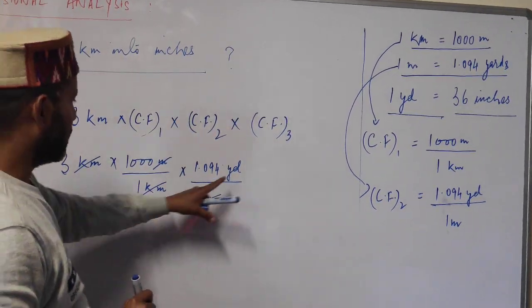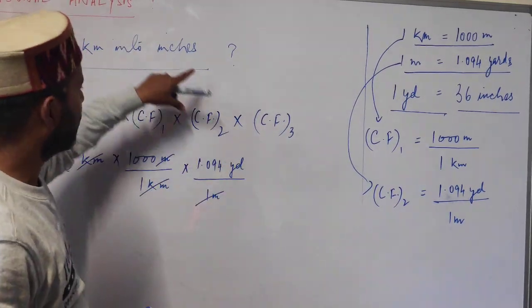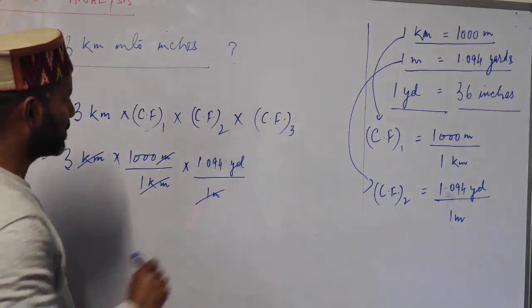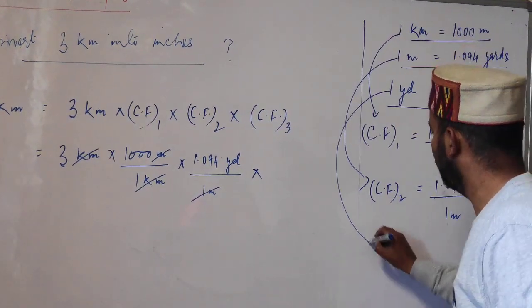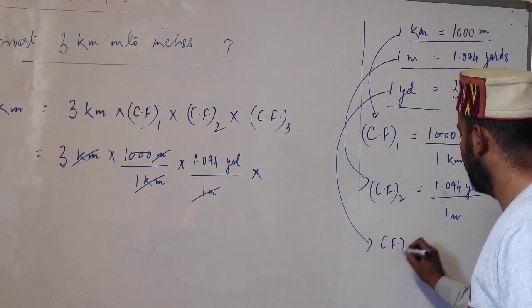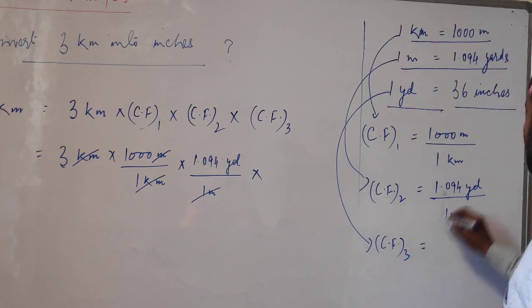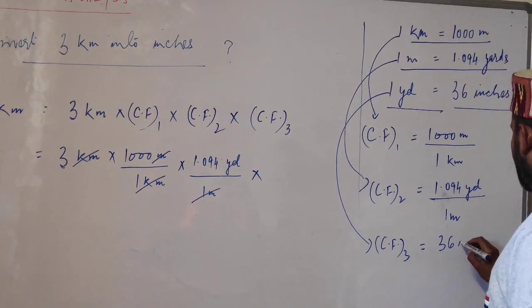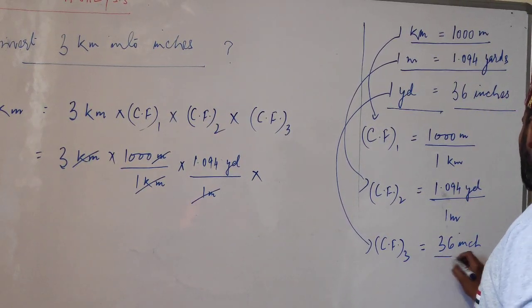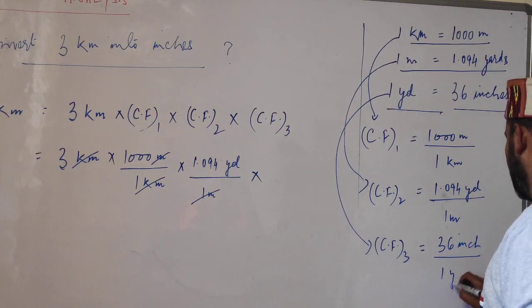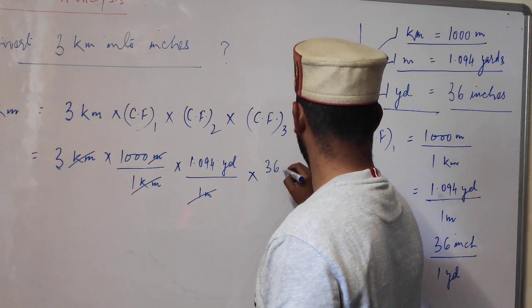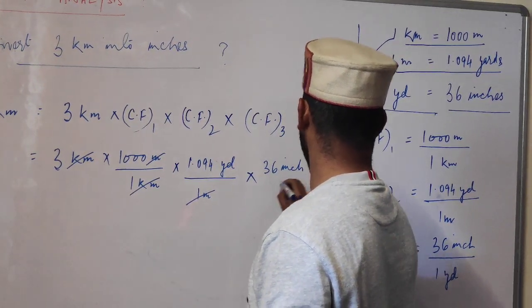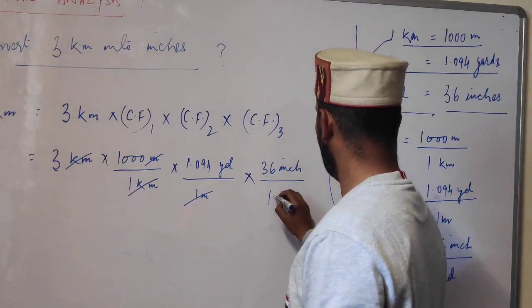But still we have not reached the point, that means the answer is not yet in inches. So we need now the third factor, which is 36 inches upon 1 yard, so that yard cancels out. So we have 36 inches upon 1 yard.